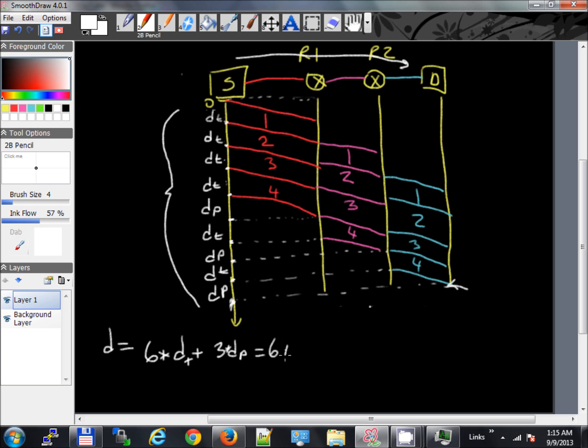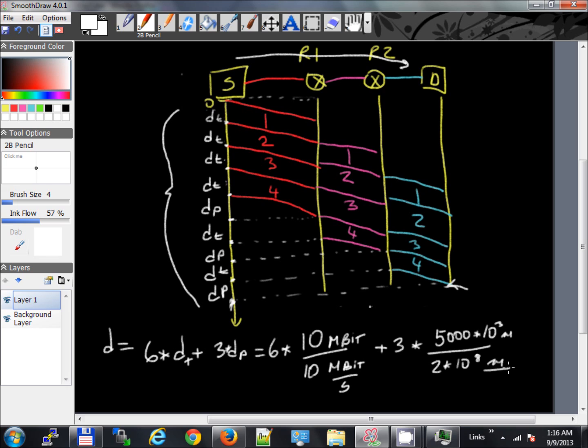We put that into numbers, so that's 6 times the transmission delay, which is the size of a message, 10 megabits, divided by 10 megabits per second, plus 3 times the length of the link, which is 5,000 kilometers, that's 5,000 times 10 to the 3 meters, divided by the speed, which is 2 times 10 to the 8 meters per second.